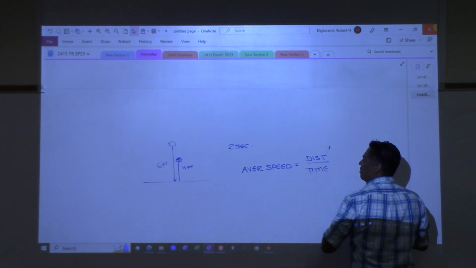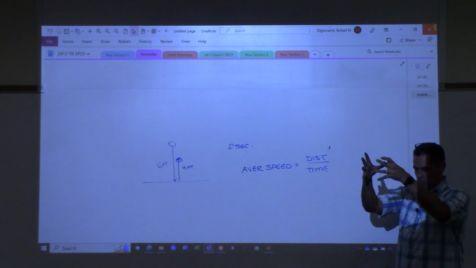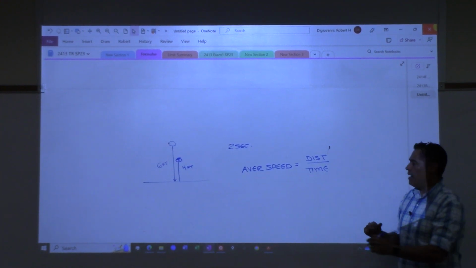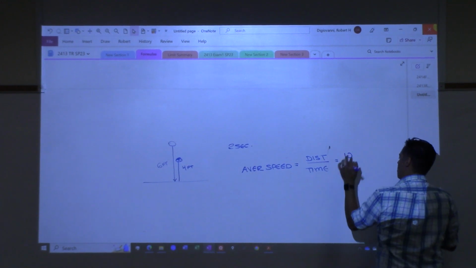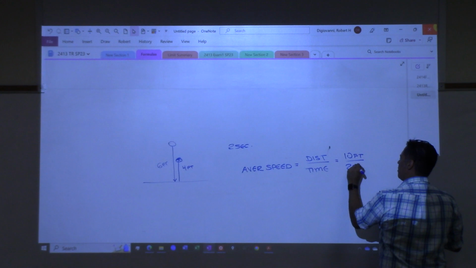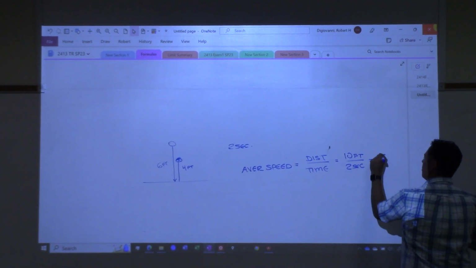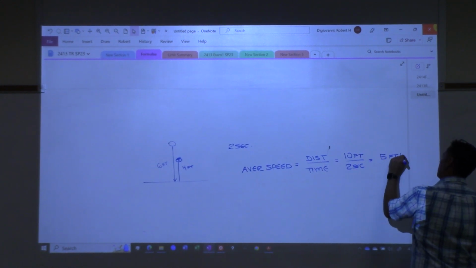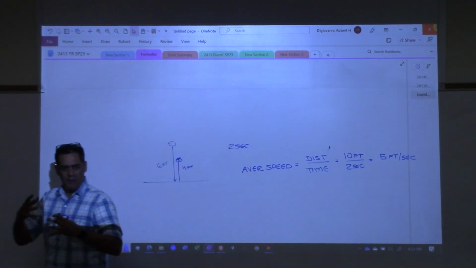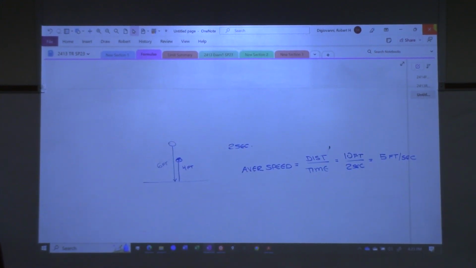So how much distance did it travel? 6 feet, 4 feet, that went 10 feet, and it took 2 seconds. So the average speed was 5 feet per second. Do we all understand that? Yes, that makes sense? 6 feet, 4 feet.